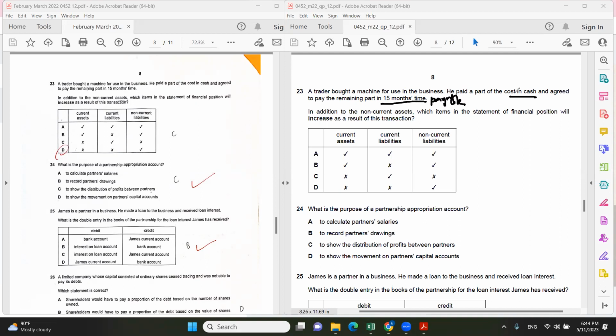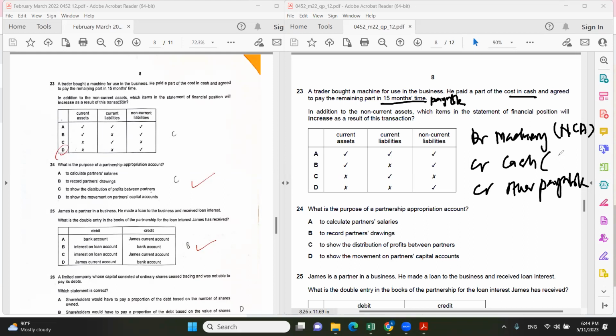This is a cash account. So your double entry is debit machinery and credit cash, credit other payable. Okay, this is a non-current asset. This is a current asset. This is a current liability.